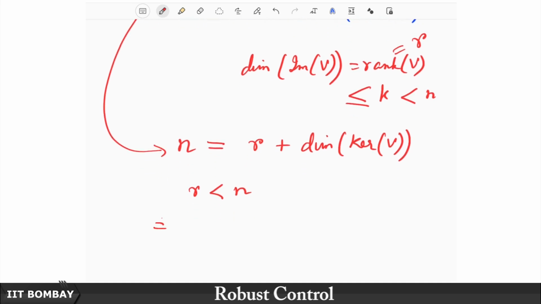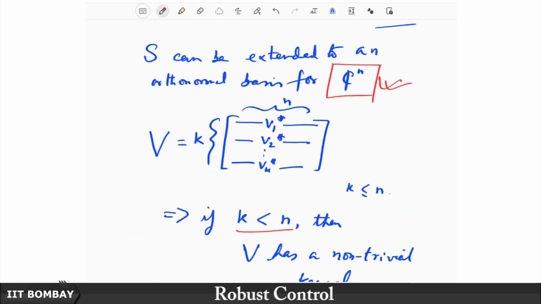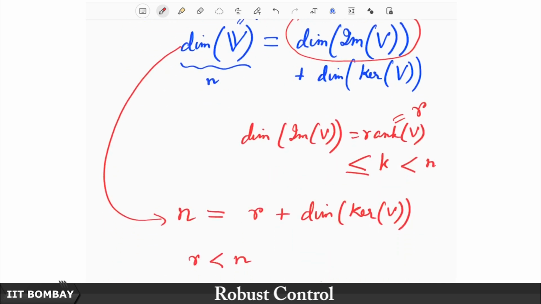Therefore, the dimension of the kernel of V is equal to n minus r, which is strictly greater than 0. In other words, this matrix V that I have cooked up by stacking the vectors V1 through Vk that belong to this set S as the rows, of course as complex conjugates, the Hermitians, the transpose conjugates, unless k is equal to n, must have a non-trivial kernel.